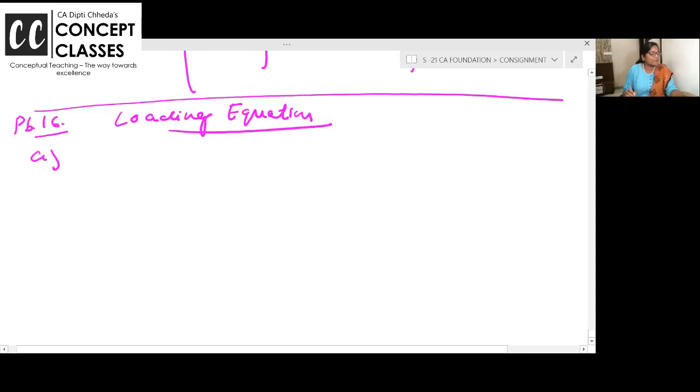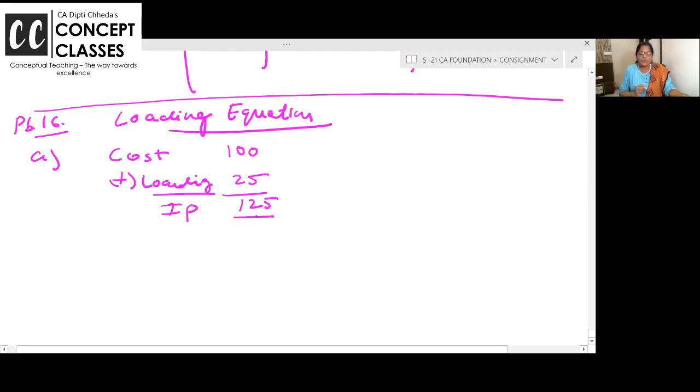First is goods are invoiced at cost plus 25%. Loading is the invoice price on which I am sending to my consignee. So if cost is 100, loading is 25% of the cost, 125.